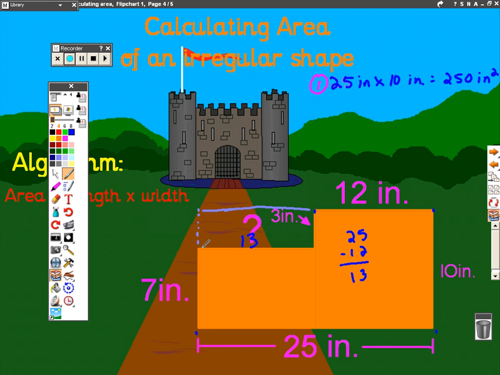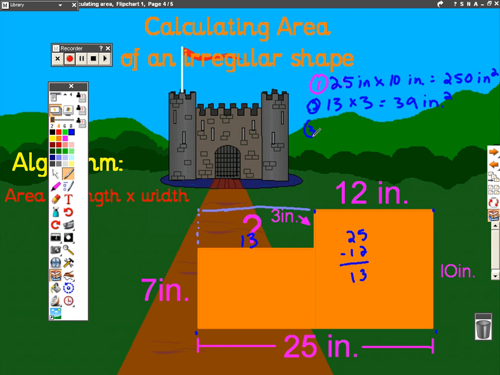So I have 13 inches as my length. I have 3 inches as my width. So my second step is going to multiply 13 times 3. And that gives me 39 square inches.